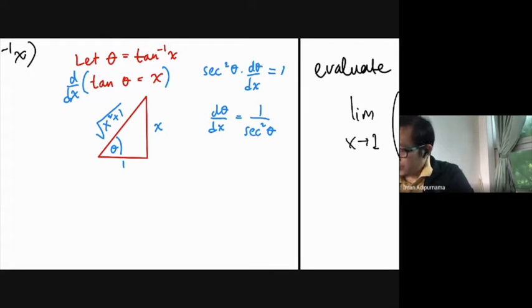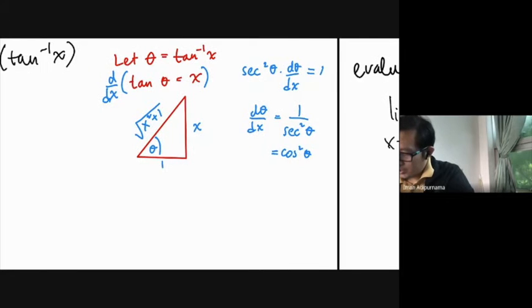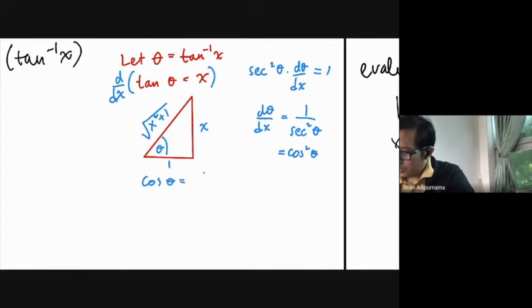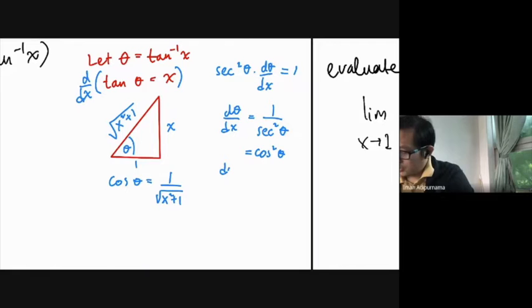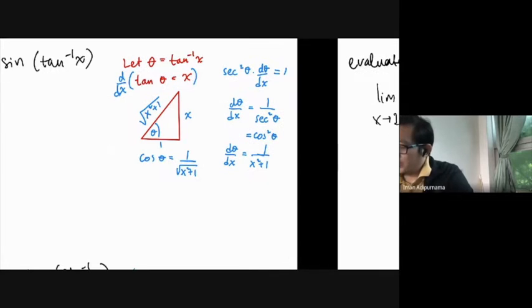Secant squared theta, we can also change to 1 over cos squared theta, which is cos theta from here is 1 over, and you just need to square it. So this is only the tangent inverse.